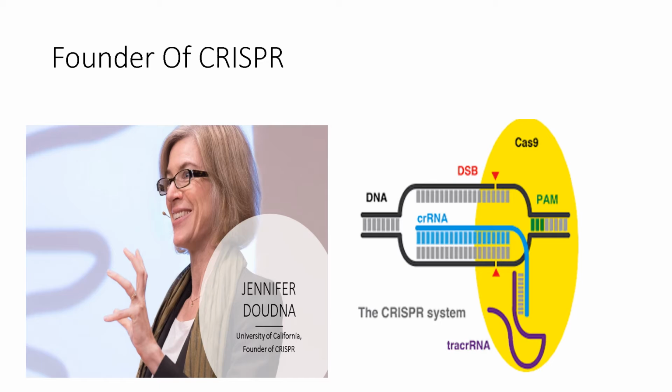Given the slim chances, researchers chose a candidate from the class 2 type V-F family of extremely small RNA-guided nucleases, which is Cas12F, and their goal was to determine whether or not molecular engineering might transform the little Cas12F protein into a useful CRISPR tool for usage in mammalian cells.